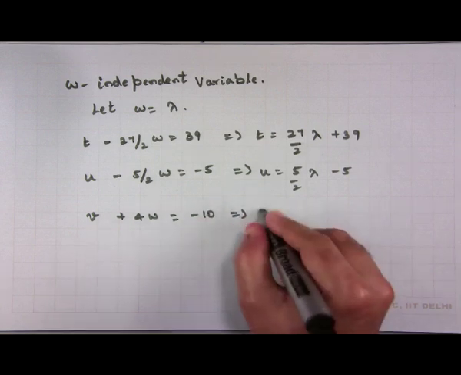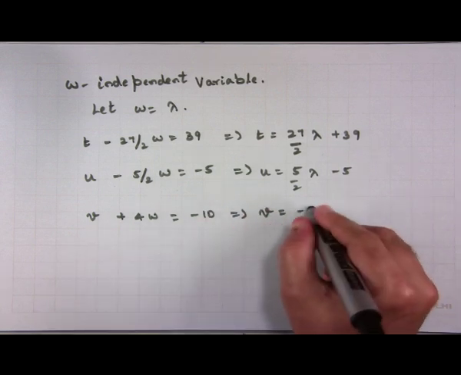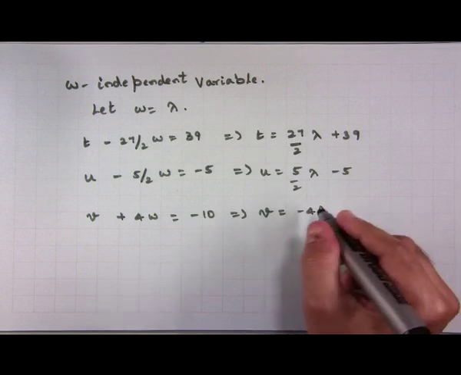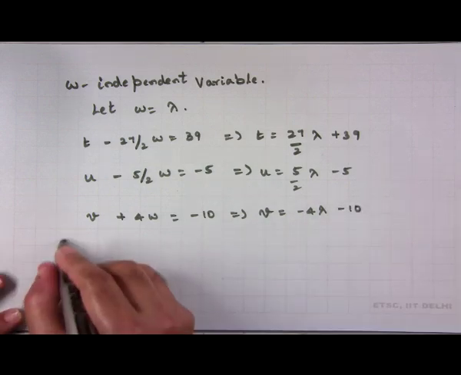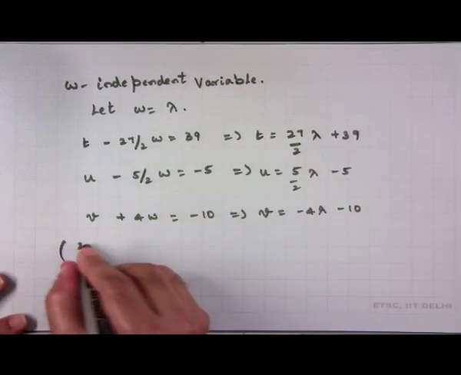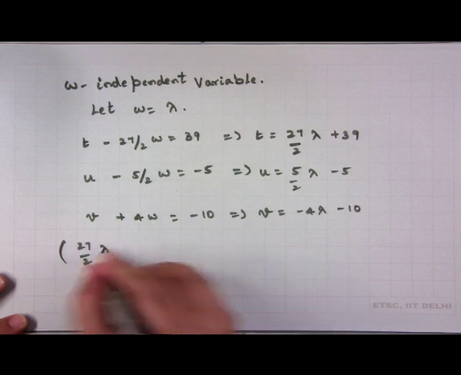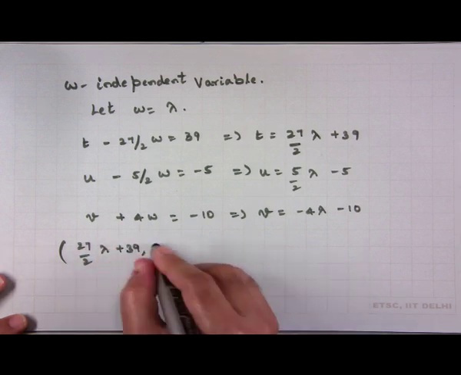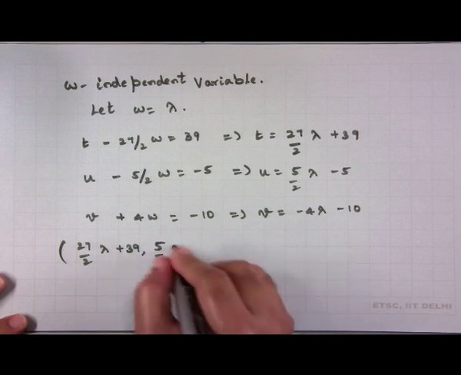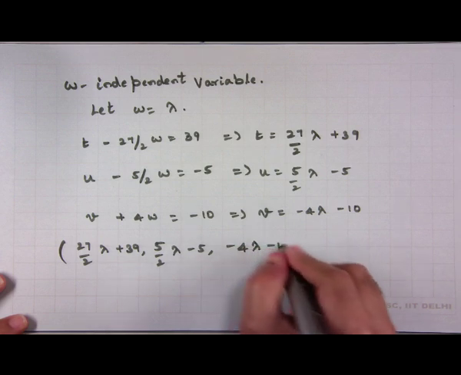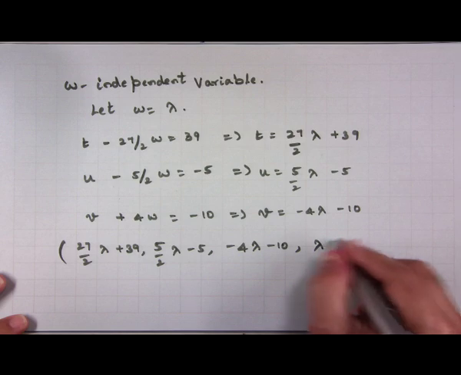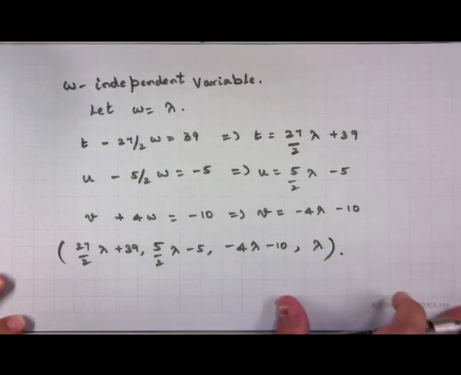That will imply that V is minus 4 times lambda minus 10. Therefore, the general solution is 27 by 2 times lambda plus 39, 5 by 2 times lambda minus 5, minus 4 lambda minus 10 and lambda, with lambda being any real number.